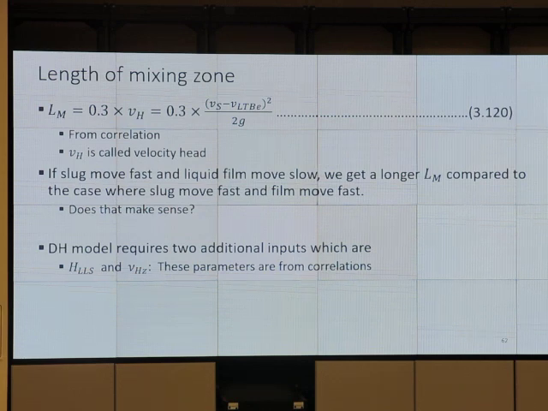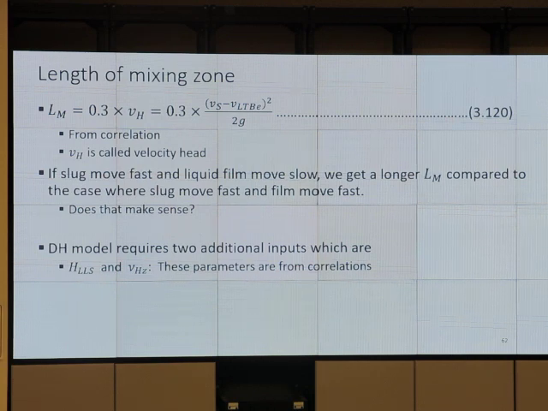Slug flow happens likely in slightly inclined pipe. You already know if we have just 0.5 degree upward incline, we can have slug flow. The first model that we talk about is the Dukler-Hubbard model, which is strictly for horizontal flow. If we incline it and we use Dukler-Hubbard, it will give us some result, but it won't be as accurate as the model that we're going to talk about next.